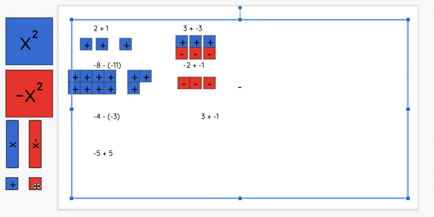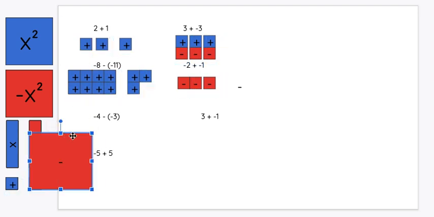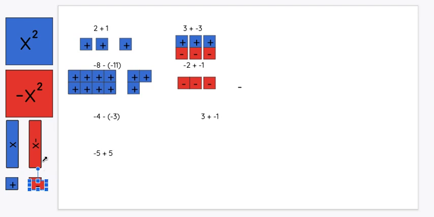Okay. This one here, you have negative -4 minus -3, so that turns into +3.